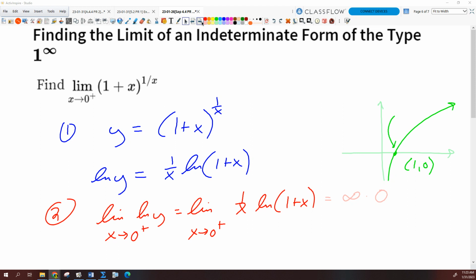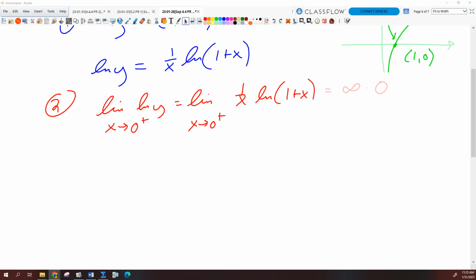Okay, so which way would be better here? I want to write this as a ratio, as a fraction. Yeah, we want to put the log on top because then on the bottom, I get 1 over x, which is just x, right?